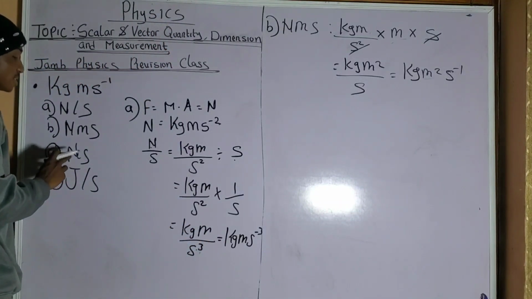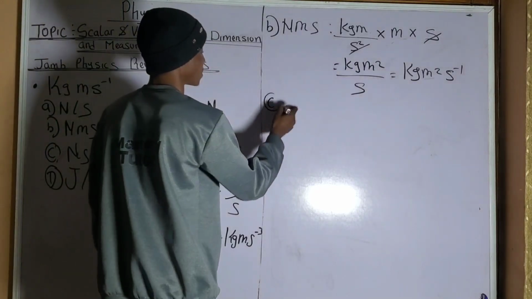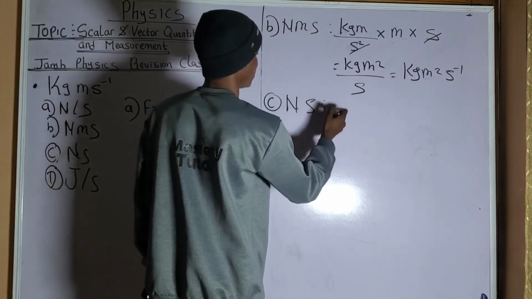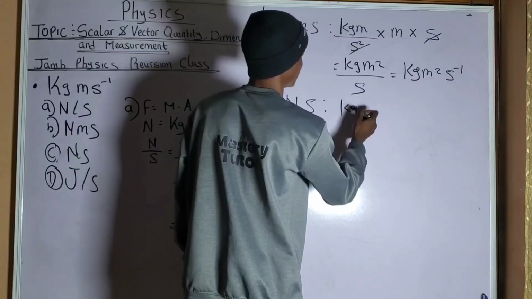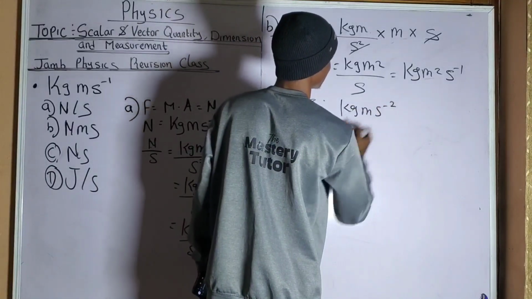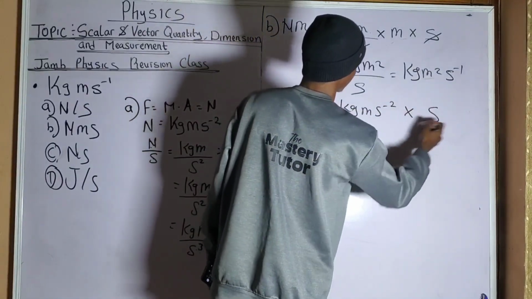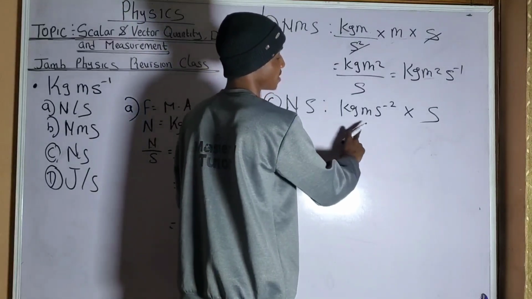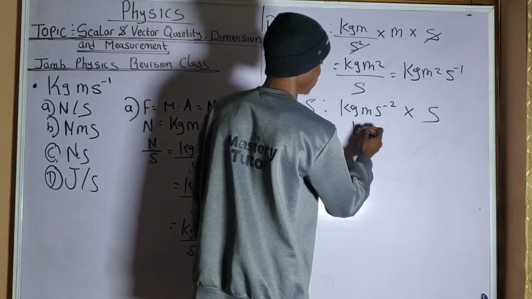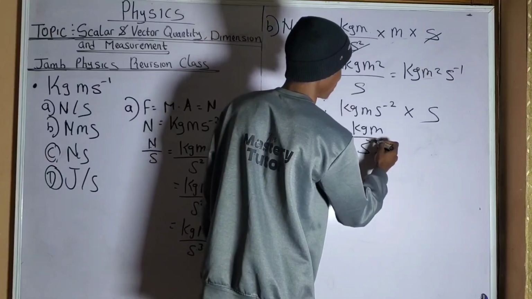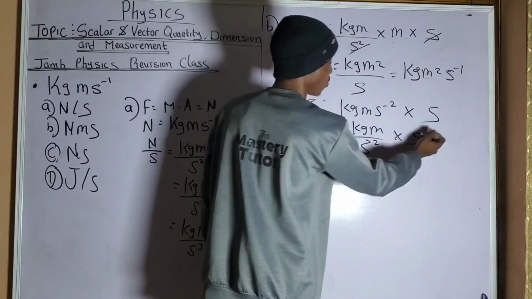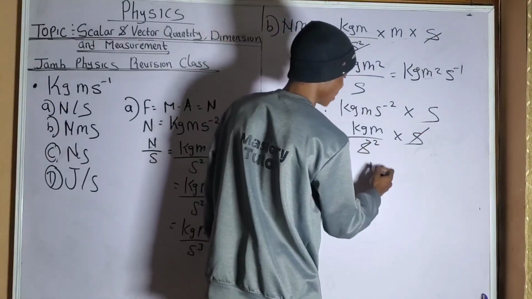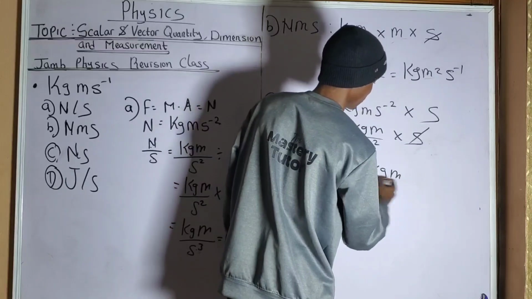The third option, which is option C, is Newton seconds. Newton is kilogram meter per second squared, right? Multiplied by seconds. So here I'm going to have kilogram meter all over S squared multiplied by S. So one s cancels one s, and I'm going to have kilogram meter all over s.